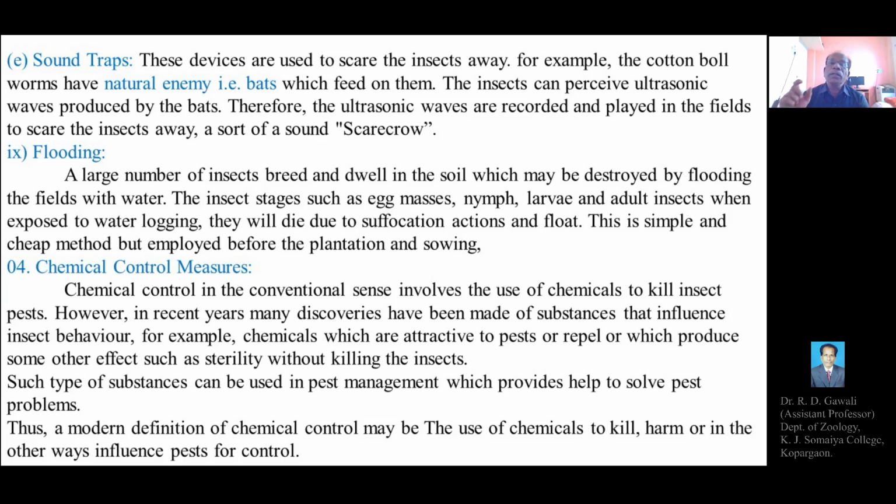So chemical control is simply the use of different toxic chemicals or poisons so as to kill the insect pest or other pest by different ways.